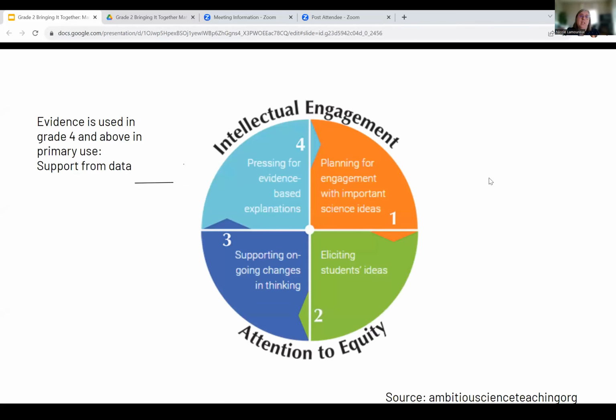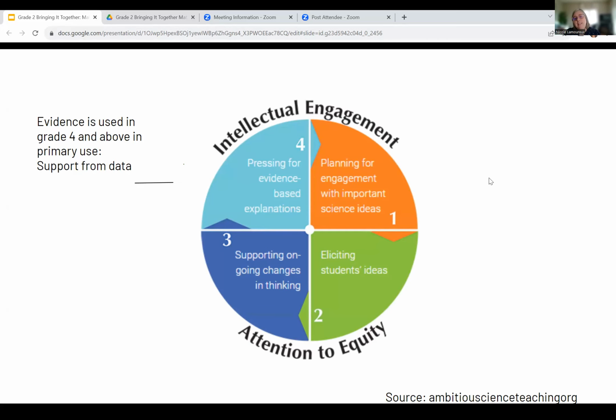The framework I used for this resource comes from ambitious science teaching. That's looking at, if we're doing minds-on or hands-on, that their minds are on and engaged. So intellectual engagement, as well as consideration that we have a high percentage of ELL learners and all types of learners in our classroom, so attention to equity. And that's where I talk about explore before explain, and I'll continue to refer back to that.